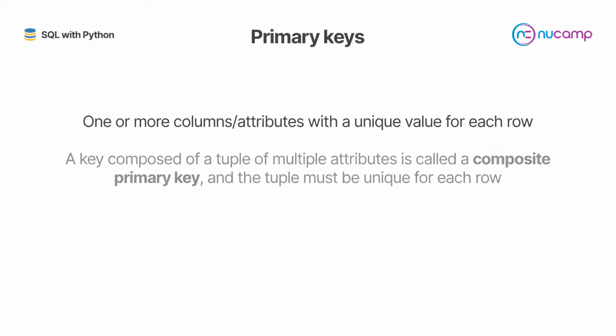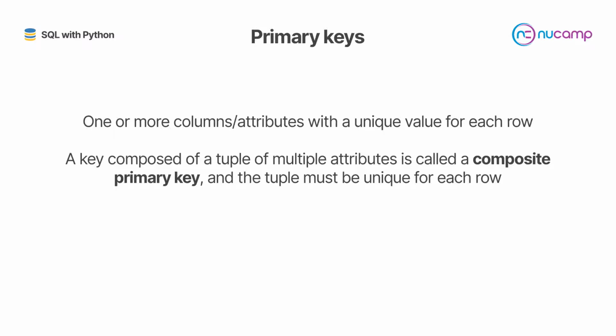Relational database theory requires every table to have what's known as a primary key attribute. What does that mean? Let's look at a formal definition. A primary key is composed of one or more columns or attributes with a unique value for each row. When this primary key is a tuple of multiple attributes, it is called a composite primary key.